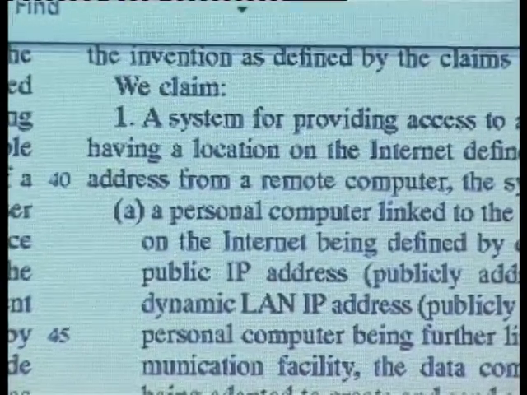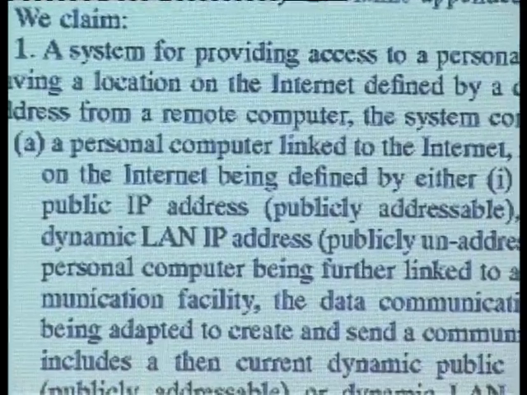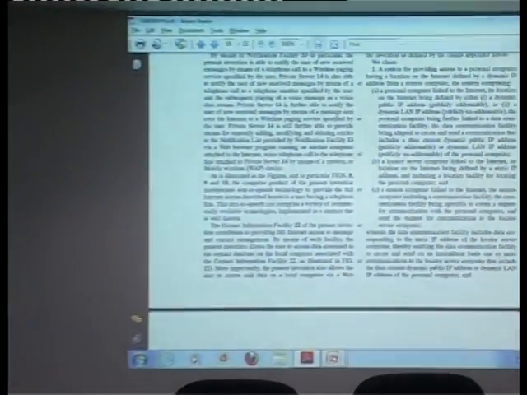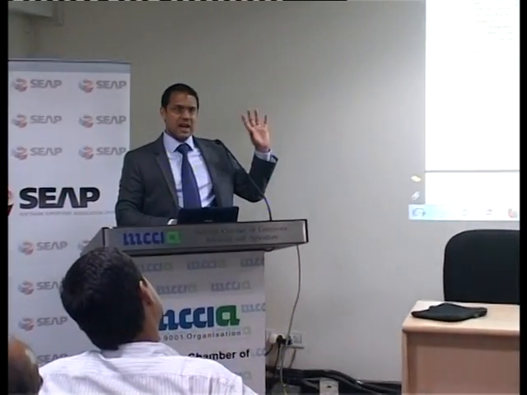So remember, the system claim is covering the components: the computer at home, the server computer on the internet, the computer at the airport, right? The company that's providing this service owns the server computer on the internet, the software running on that server computer, right?